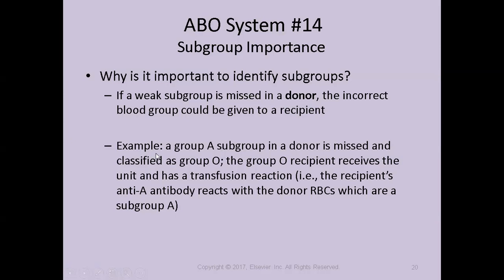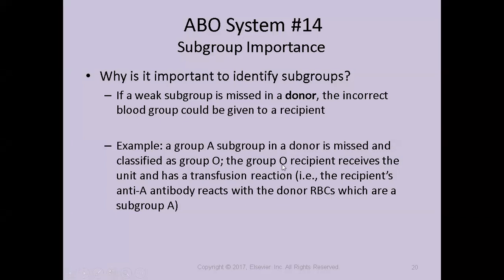Okay, so here's my example. I'll go over this again. So let's say we have AINT or AX or A Bantu or one of these, and it's missed in the donor, meaning there's weak or no reaction on forward typing, so they're going to call them an O. O is universal red cell donor. We might give group O to a group O recipient because remember, O can only get O. So they would be receiving a unit that really is not group O, has this rare group A antigen on it, and they could have a transfusion reaction because think about it.